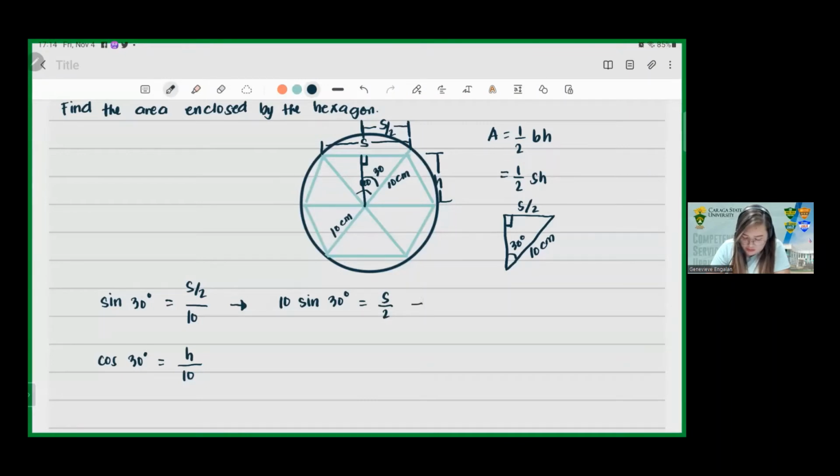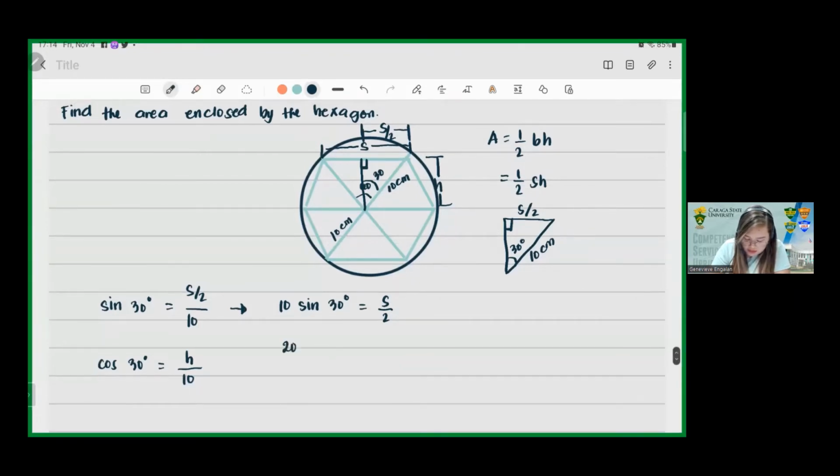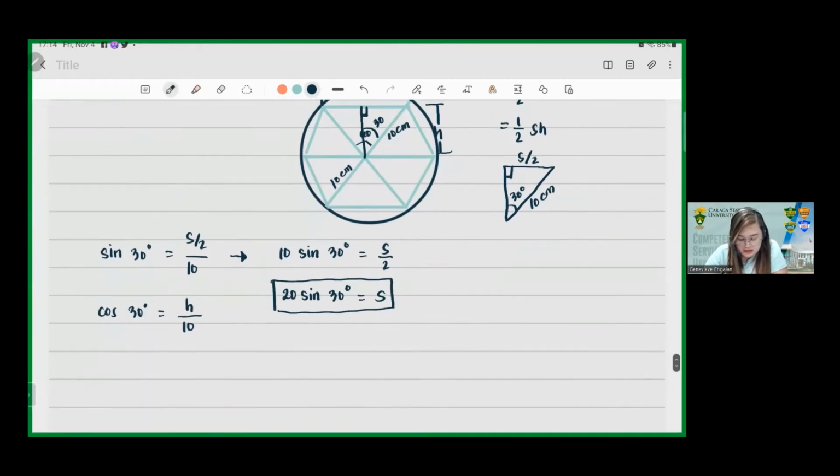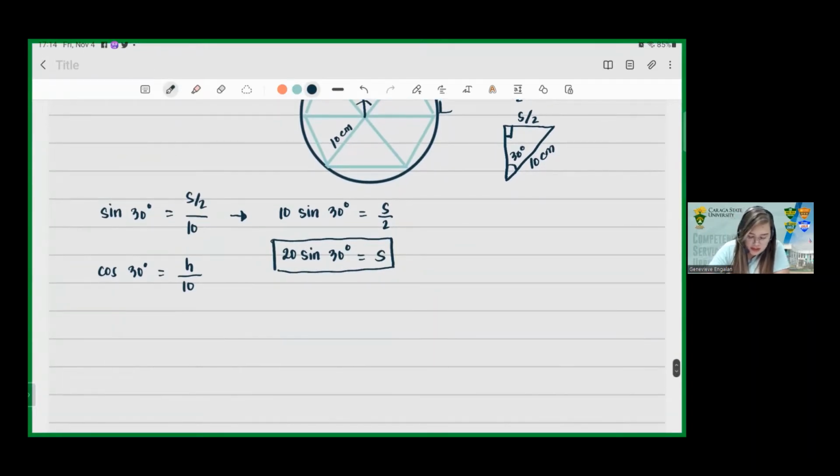Multiply both sides by 2, so you have 20 sine 30 degrees is equal to S. Did you follow? We just multiply both sides. Next, the height is equal to 10 cosine 30 degrees.